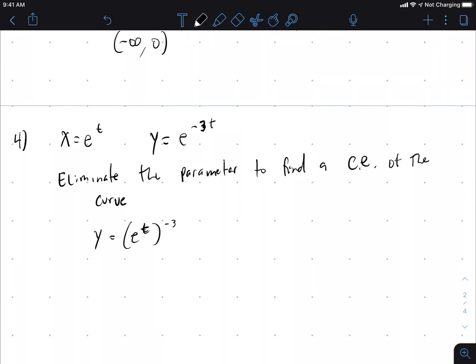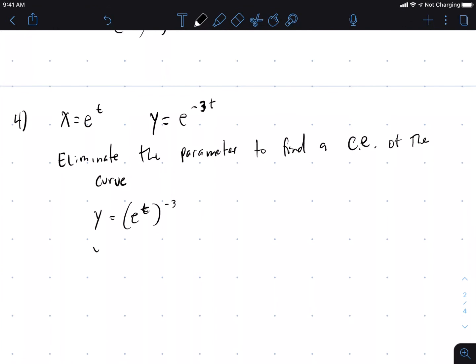Right? So then what's that going to be? Isn't y then x to the negative 3? Or y is 1 over x cubed?